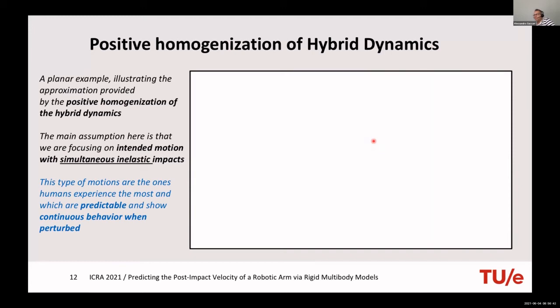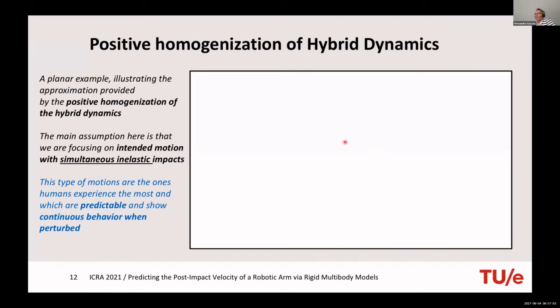So if you have x dot equals f(x, u), then this linearization will be something like z dot equals A z plus B u, with A and B derivatives of the vector field along a given trajectory. So the point is: can we do something like this for systems with simultaneous impacts?